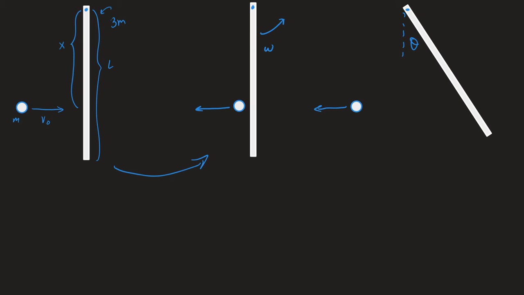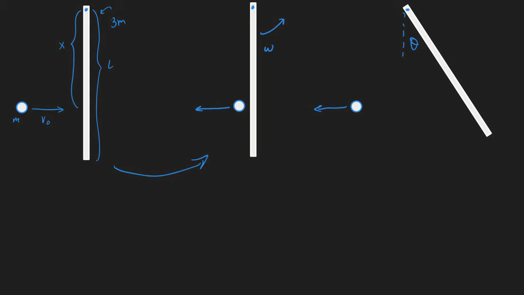Now, this part no longer involves the ball. And a lot of you included the ball in this class, but nothing's happening to the ball after it recoils. It just continues with the same kinetic energy it had after it left the bar.